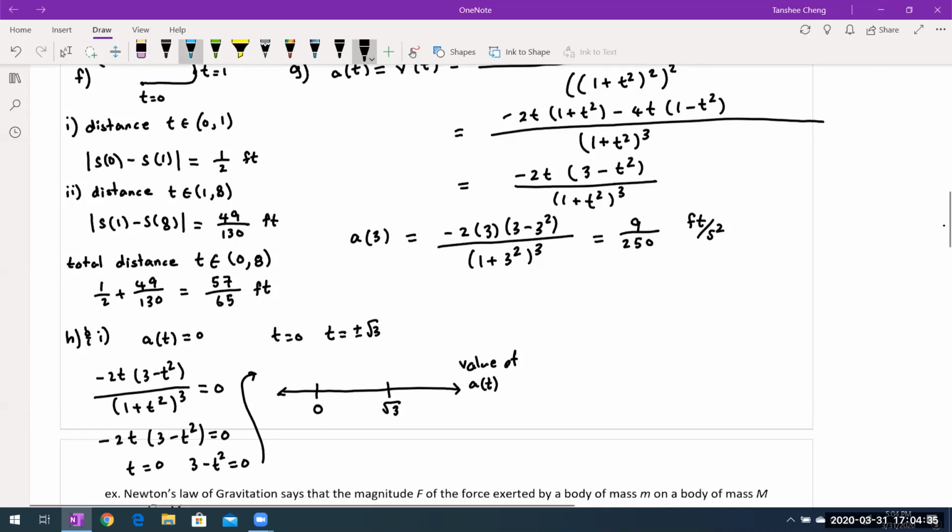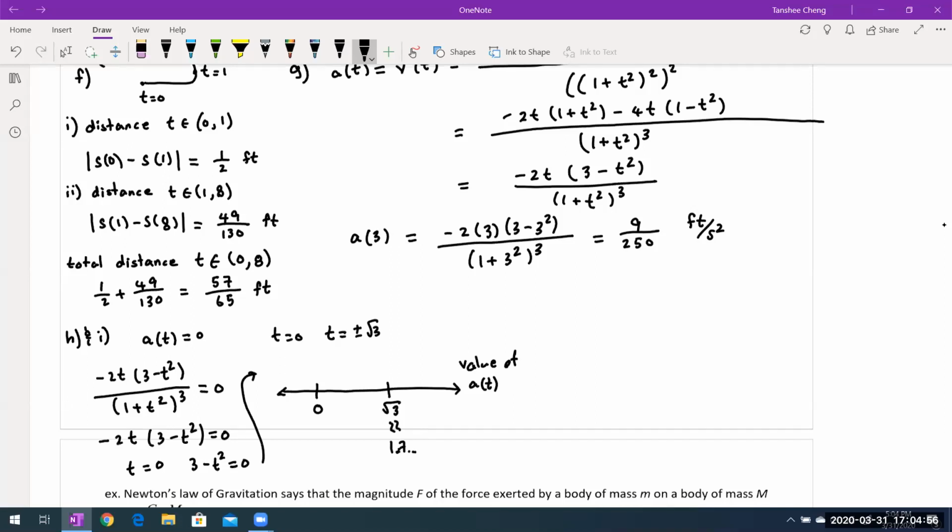Like before, I'm going to pick a number in each interval. But before that, let's find out what the square root of 3 is so that I can pick the number easily. The square root of 3 is approximately 1.7 something.